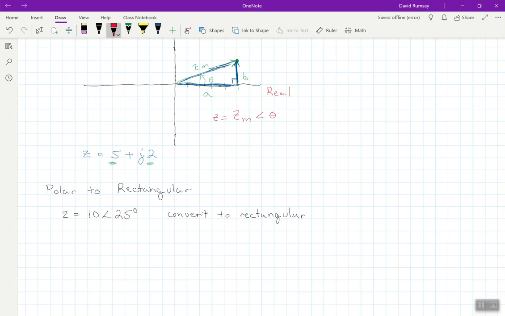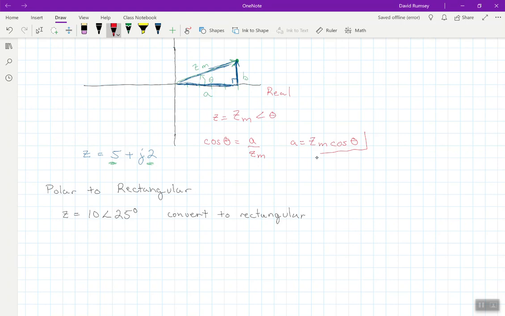If I look at the cosine of theta, and a cosine is adjacent over hypotenuse, this would be A over Z sub m. If I multiply both sides by Z sub m, I get A equals Z sub m cosine theta.